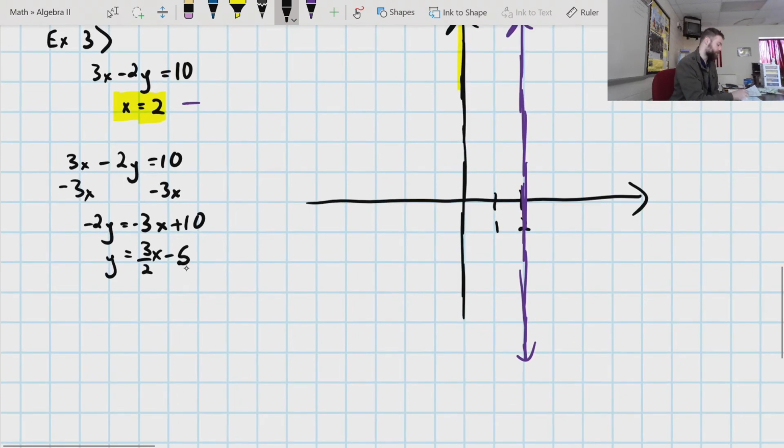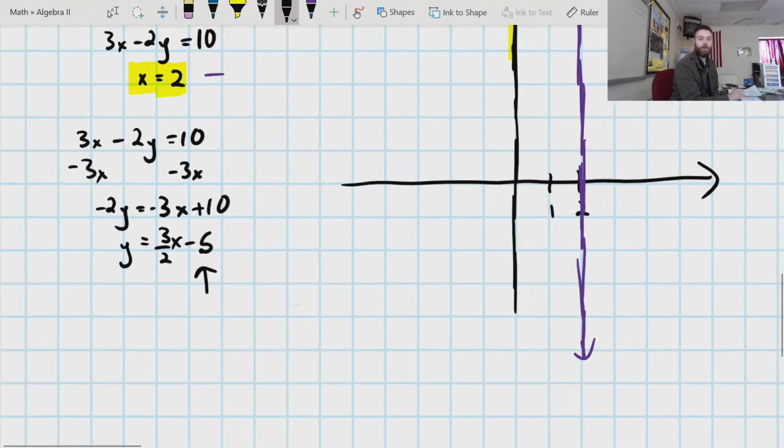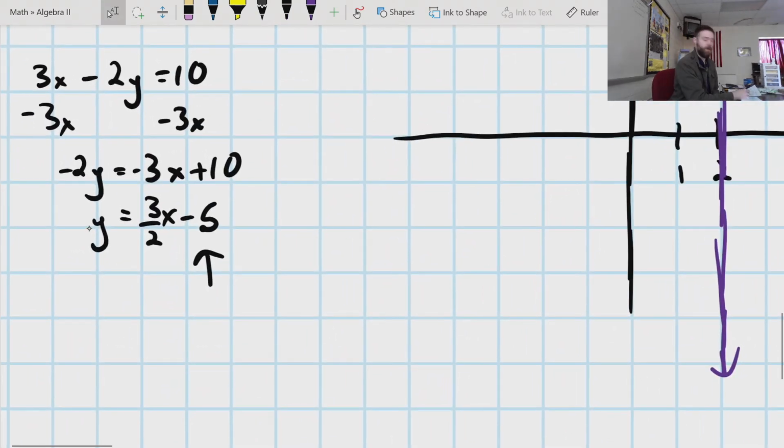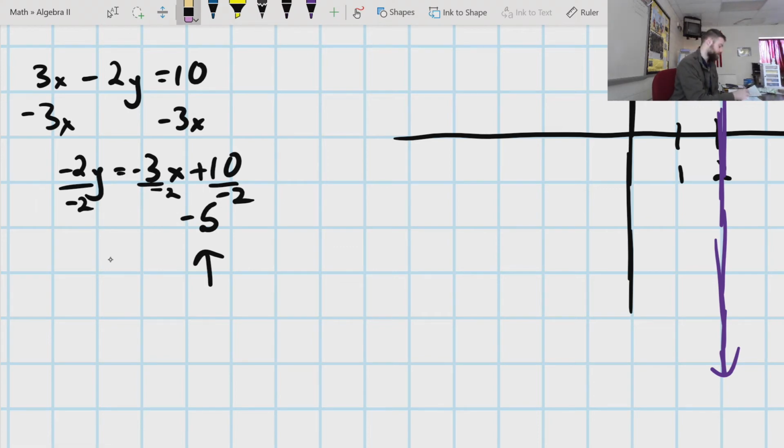So what this tells me is that now it's in slope-intercept form. I divided every number by negative 2. So you missed that step. That's what I did from there to there. So maybe I should show that. I've still got a negative coefficient on y here. And I divide negative 2 from each term.